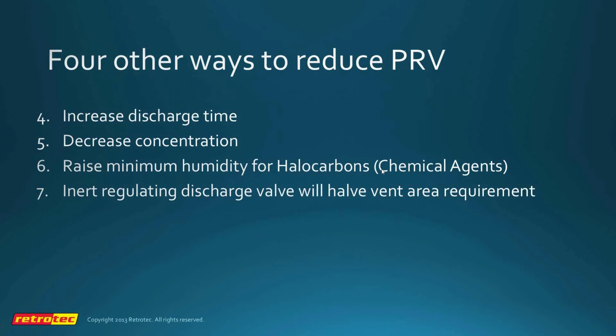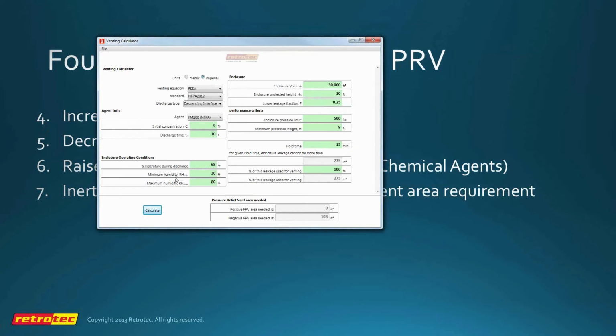Raise the minimum humidity for halocarbons. Again, using the venting calculator, you can play with different humidities and see how they affect the result. Here we've got a minimum humidity of 30%, and it's saying that we need 108. If we change this to 10%, we see that rise dramatically to 206.